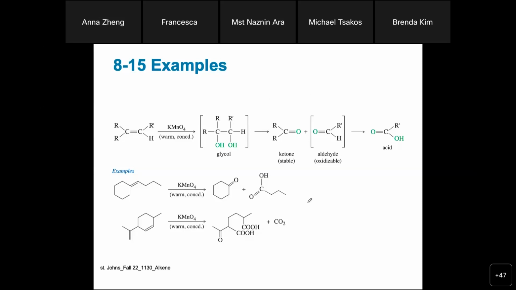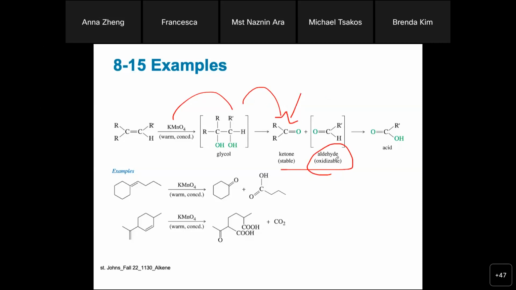So let's see the steps. Potassium permanganate gives glycol, glycol gives ketone, and an aldehyde can even be oxidized. Here I want to mention that the keto product is stable, but it is a mixture.